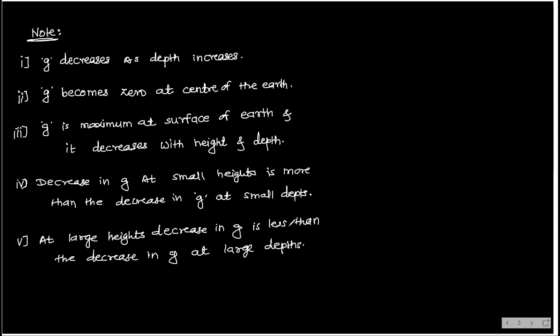Why is this? Because for small heights and for large heights we have two formulas, and that's why this is happening. Yes, because we are using binomial expansion. Remember gh is equal to g into (1 minus 2h by R) for the smaller heights. We have solved one problem also. And for larger heights, gh is equal to g into R square by (R plus h) whole square.